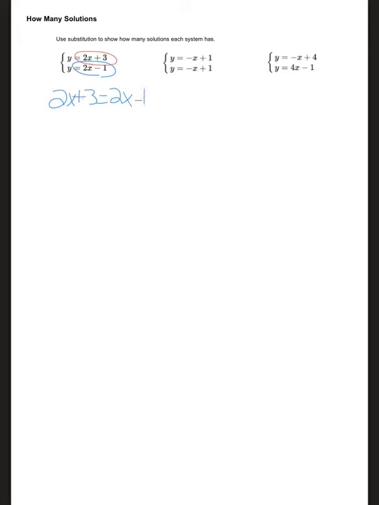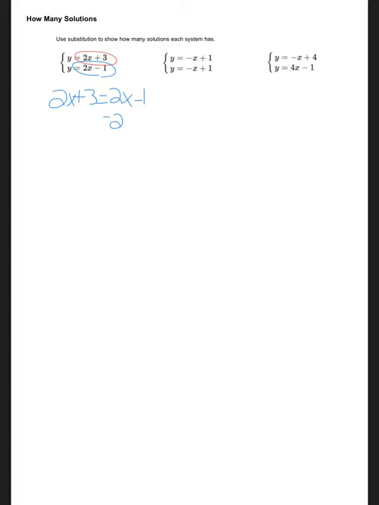Now, you should remember from what we did before we did systems, I have the same coefficient, 2, but I have different constants. Now we're talking about lines. I have the same slope, but different y-intercepts. So what would you expect here? You expect that there would be no solution. Same slope, different y-intercepts. Let's see what it looks like algebraically.